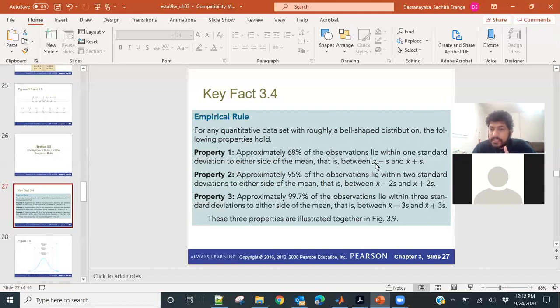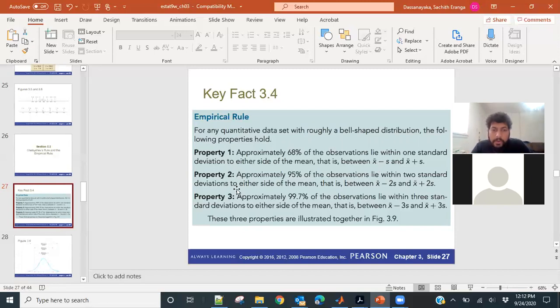X bar is the mean, the sample mean, and S is the sample standard deviation. I'll show you the graph on the next page. So X bar plus S or X bar minus S. Between these two points, approximately 68% of the observations lie inside this interval.